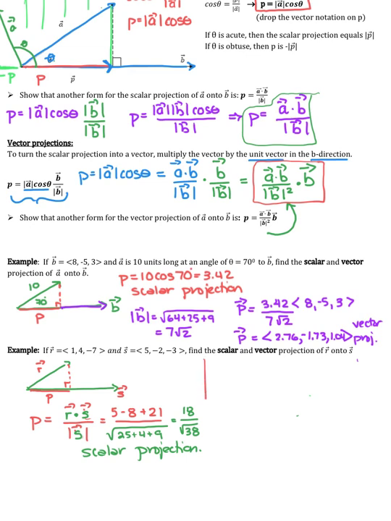Okay? Now, we want to turn this into a vector. So how do you turn it into a vector? You multiply by the unit vector of the one that is being projected onto. So we take P, it's going to become a vector now. We take the scalar projection, which was right here, over the square root of 38.